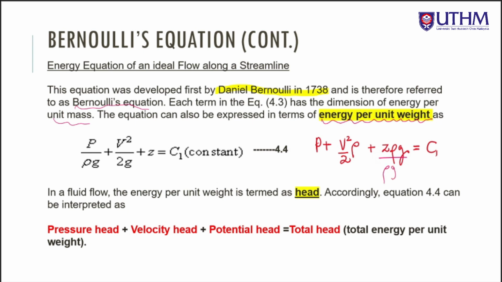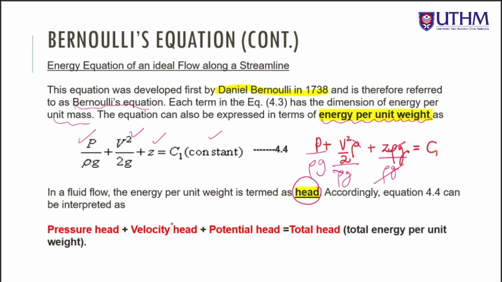Divide by rho g, divide by rho g, divide by rho g. So kita akan dapat P over rho g, V squared over, this one kita potong lah, kita dapat 2g, and then plus Z equals C1. So in a fluid flow, the energy per unit weight is termed as head.